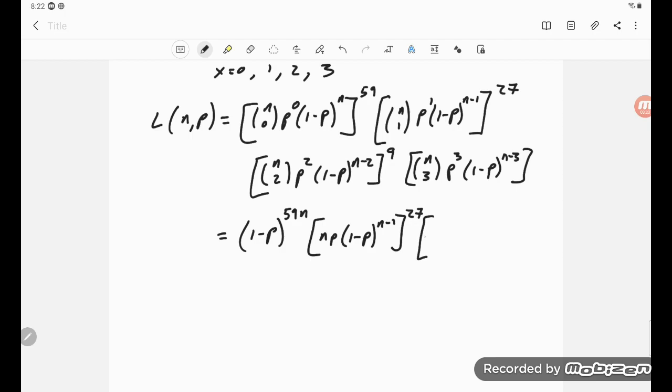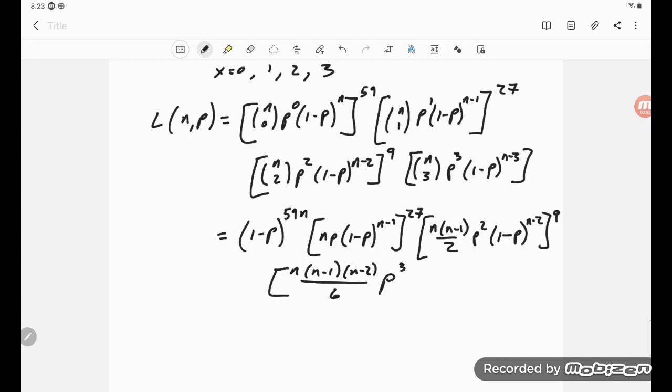Then we have our N choose 2, so that's N times N minus 1 over 2, P squared, 1 minus P to the N minus 2, and that was all to the 9th, and then we have our last term times N choose 3, so that's N times N minus 1 times N minus 2 all over 6, P cubed, 1 minus P to the N minus 3, and that was just one of them, so it's to the first power. Okay, so we have all that.